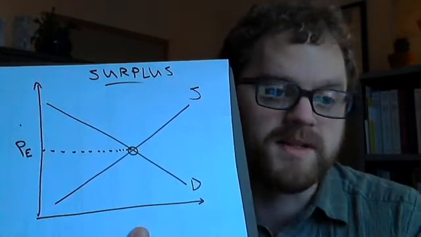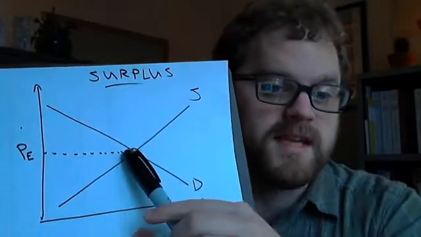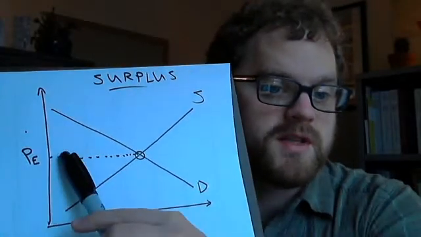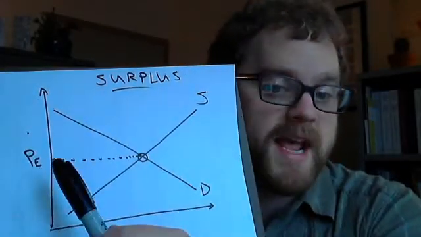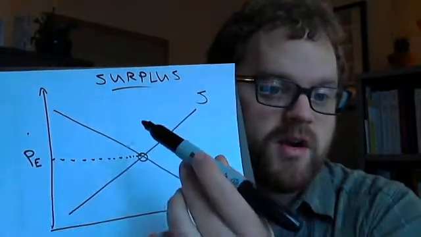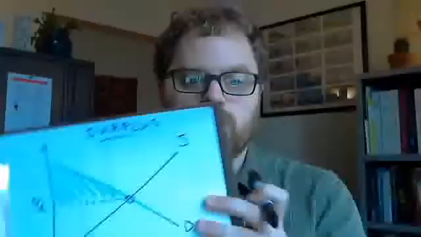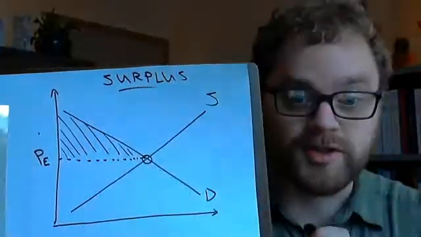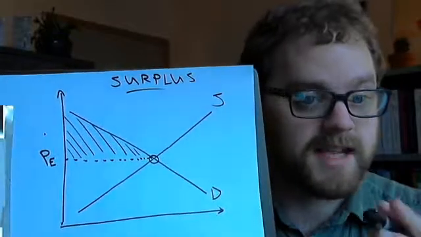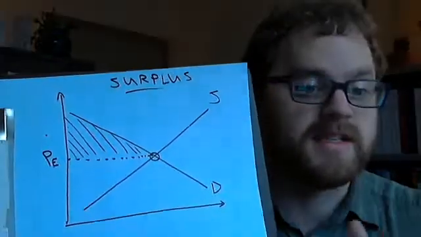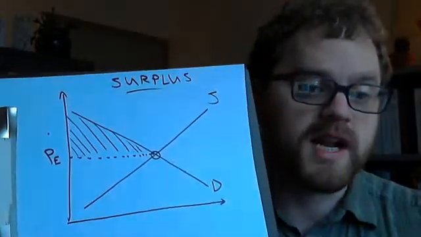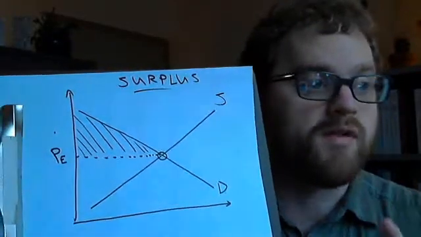So it shows the possible prices. The actual price they pay is this equilibrium price. So the difference between what folks would pay and what they do pay is the area of this triangle. Let's just fill that in here to show you. That hatched-in triangle there is the consumer surplus. It represents the extra value consumers are getting from a transaction above the amount that they paid.